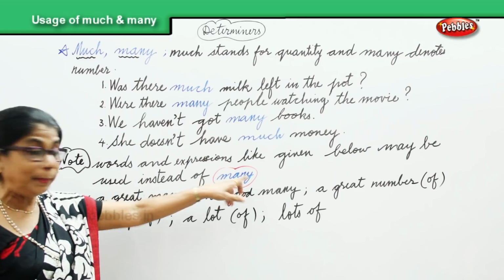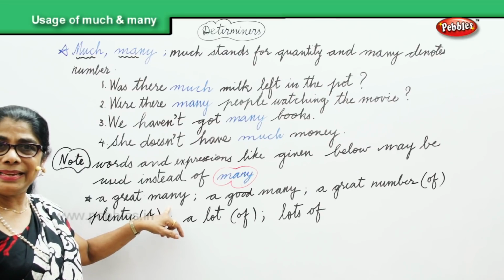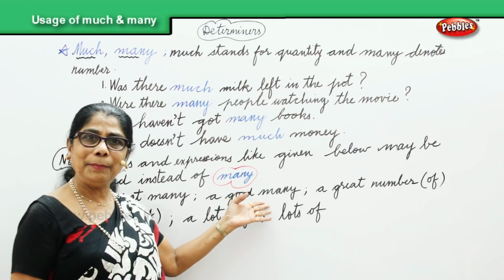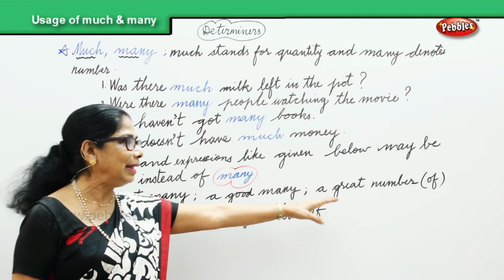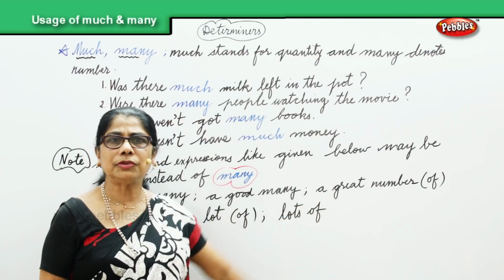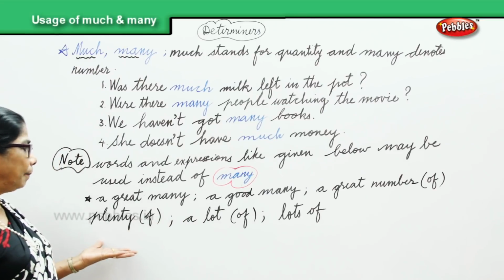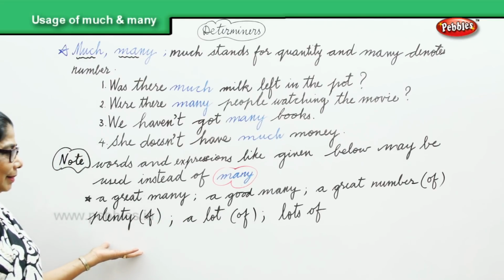Instead of using the word many, we will say a great many birds were seen last night at the pond. A good many people gathered at the meeting. A great number of trees were cut off to build the bridge. Plenty of fruits arrived at the market.